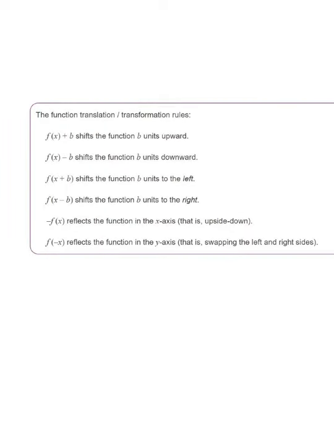All right. So in the end, we have a handful of rules here, and this can kind of be your master sheet. Adding or subtracting at the end is what's going to move it up or down. The plus B is what's going to move it to the left, and the minus B is what's going to move it to the right, or we use H for this as well.